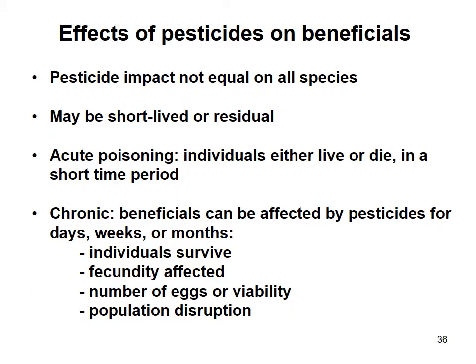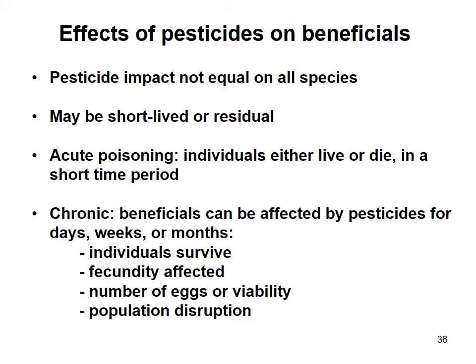The impact of chemical pesticides is not equal on all species or on groups of beneficials. The effects might be short-lived or they might be residual. With acute poisoning as a result of pesticide use, individuals either live or die in a short time period. But when the effect is chronic sublethal, beneficials can be affected by the chemical pesticides for days, weeks, or even months.